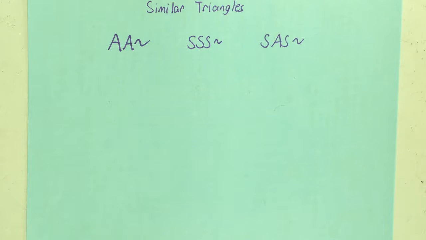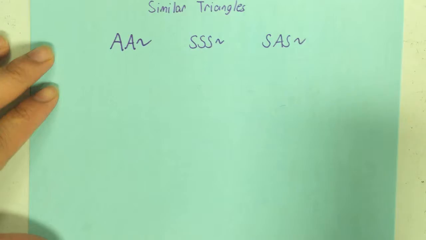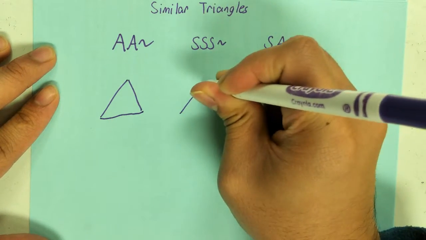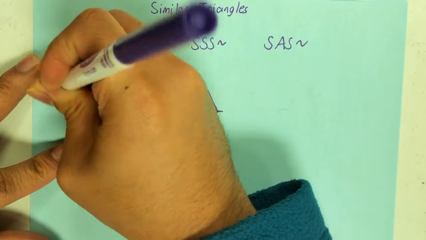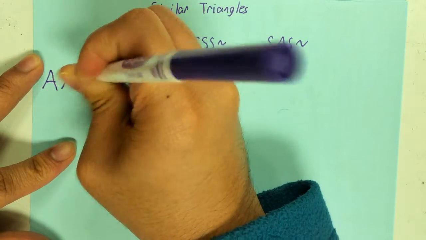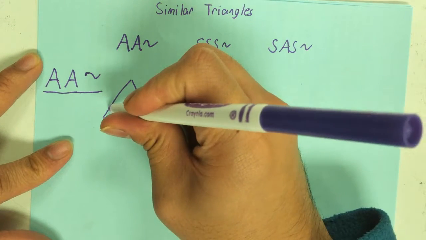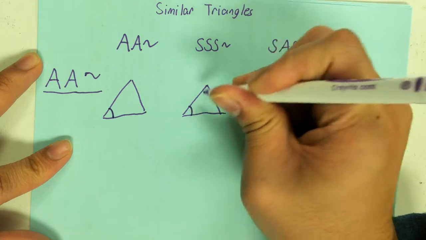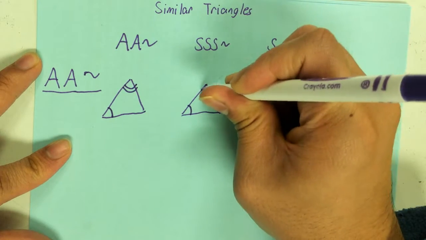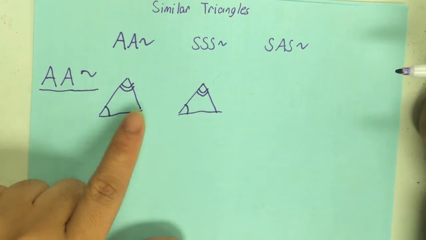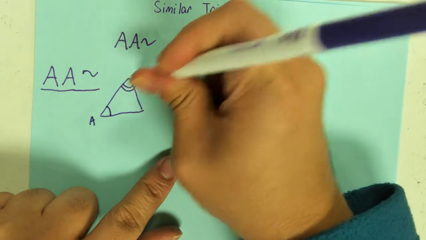So let's first take a look at angle, angle similarity. Angle, angle similarity tells us that if you have two triangles where two angles of one triangle are congruent to two angles of another triangle, that tells you that these two triangles are similar.